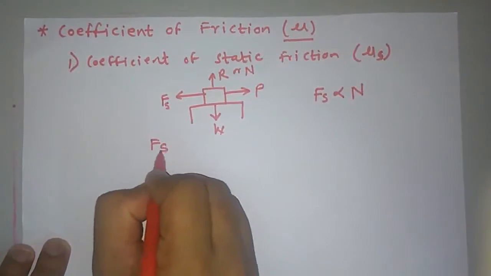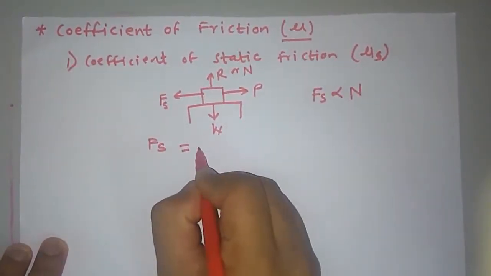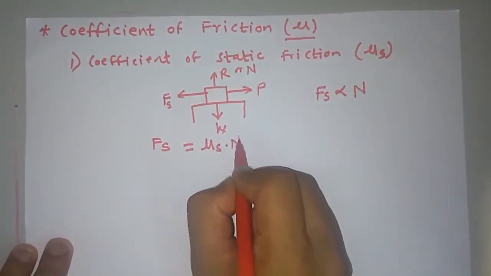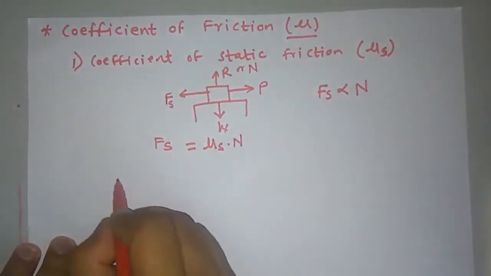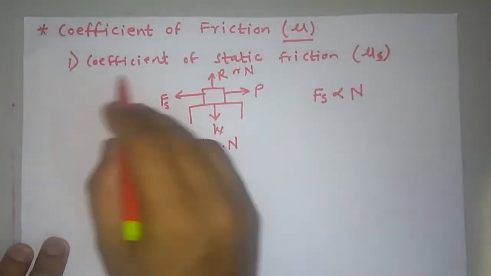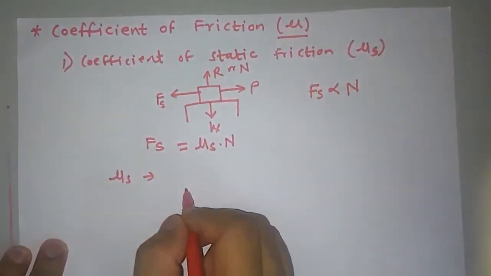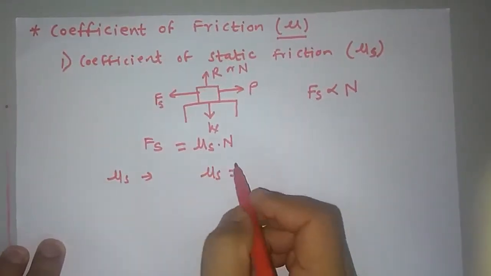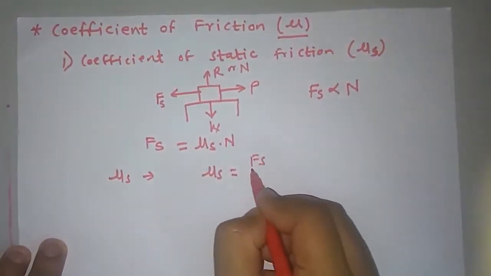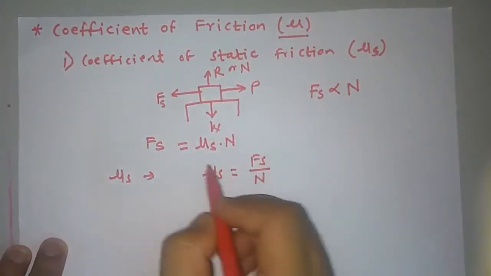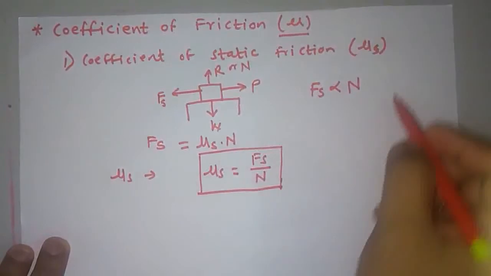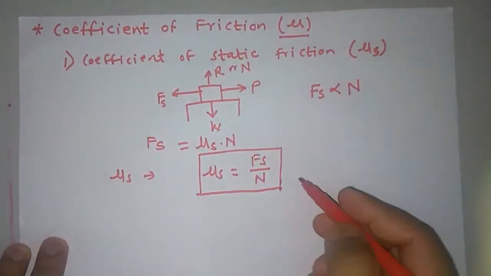This we can also write as Fs is equal to a constant, and that constant is mu s into N. This mu s is the coefficient of static friction. Now this mu s you can write as Fs, that is static friction, divided by the normal reaction. So this is the formula for the static friction, mu s.